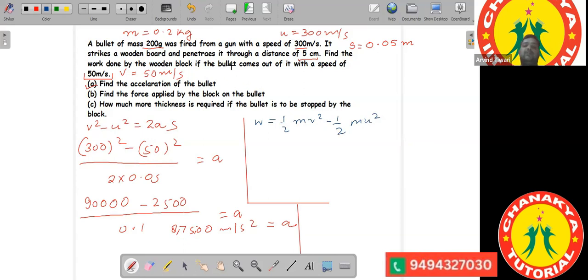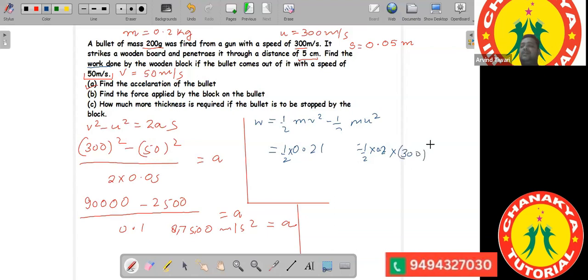So this was the first step. We wanted to compute the work done. If you compute it this way, 1 by 2 times mass, which is 0.2, multiplied by the velocity squared, minus 1 by 2 times mass 0.2, multiplied by the other velocity squared.